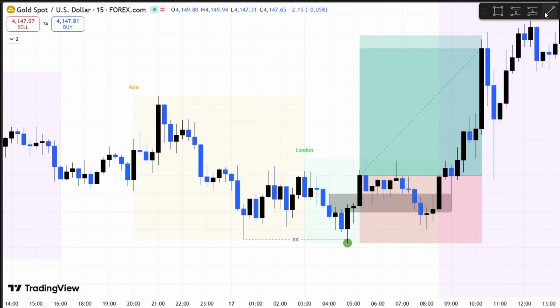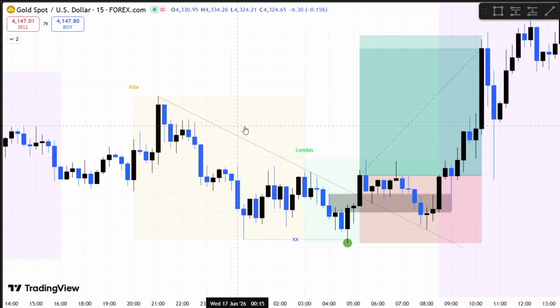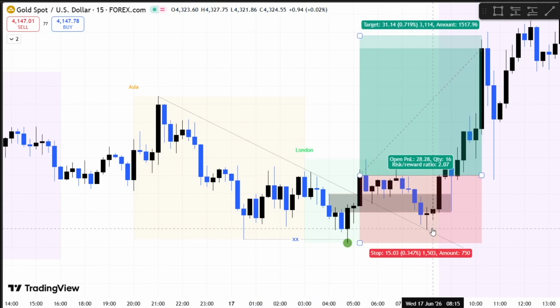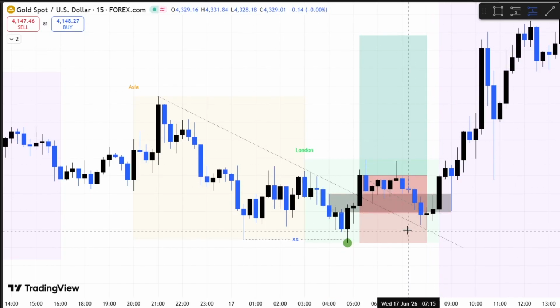Someone who wanted to trade a trend line would also take their setup, because here we have a trend line break and retest, and a candle pattern. For someone trading the normal breakout, with this strategy there is no limitation.